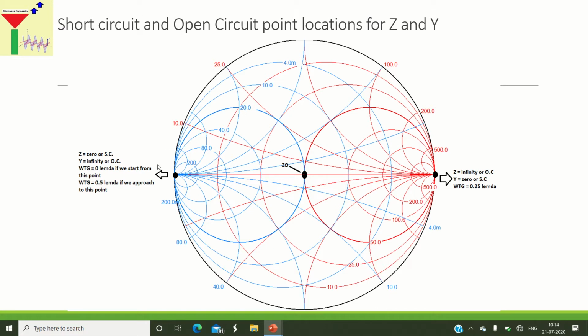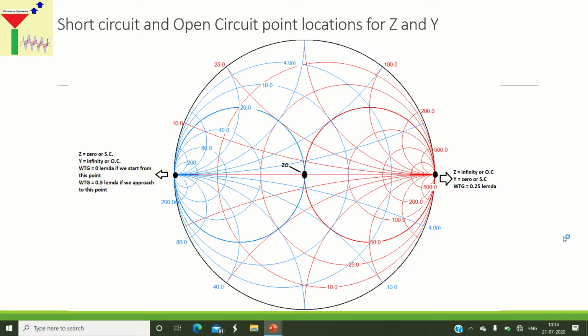I hope you have understood all the basic foundation information we need to design a single stub matching element. The same principles are used again when we go for higher configurations, that is, double stub and triple stub.